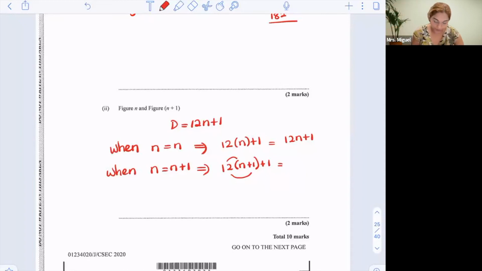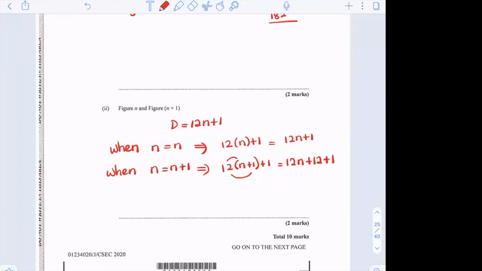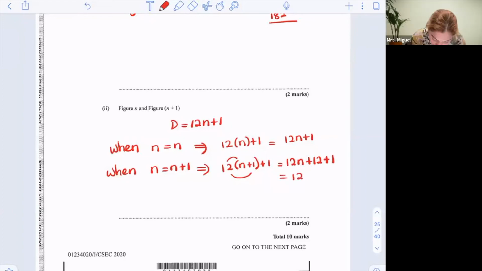All right, so here we're supposed to have 12n plus 12 plus 1. Do you all have that? Yes, miss. And this will be 12n plus 13. So let us add 12n plus 1 to 12n plus 13. Write your final answer.